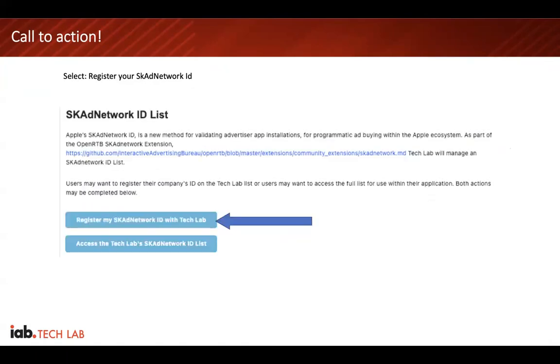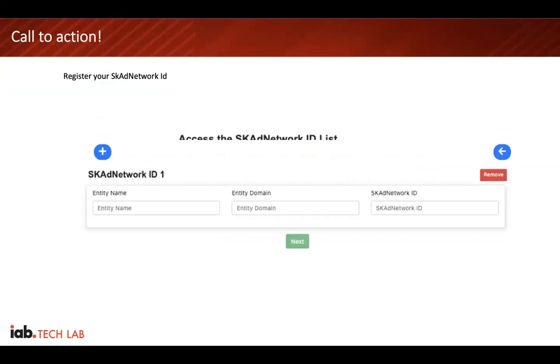There is a small fee for us to be able to maintain this infrastructure. It's $150 if you're a member of IAB Tech Lab, and it's $200 if you're not a member of IAB Tech Lab. Yeah, and you can pay by credit card. Right, exactly.